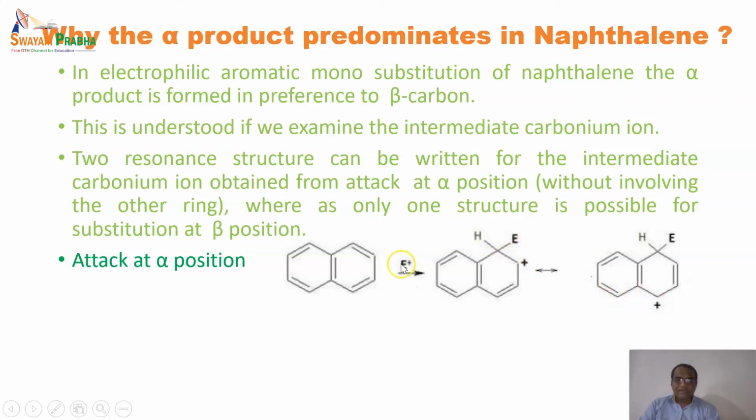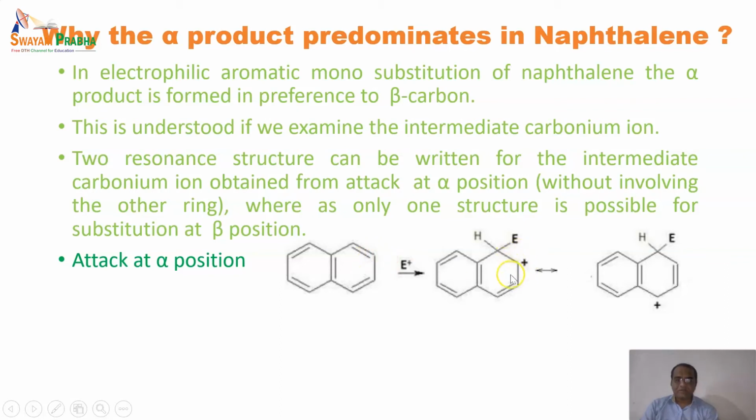and as soon as the electrophile comes, the pi bond breaks and shifts electrons towards the first carbon, due to which the second carbon becomes electron deficient.